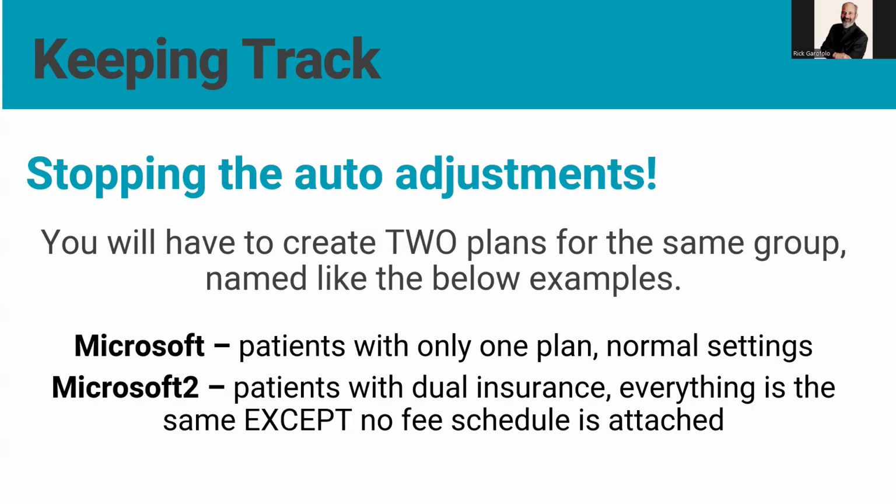I put all that information into my software: the employer name, the group number, the deductible, the annual maximum, et cetera. What's covered at 100, what's covered at 80, what deductible applies, what deductible doesn't apply to. And I link the fee schedule. That way I'm getting accurate reporting on my end of day reports.